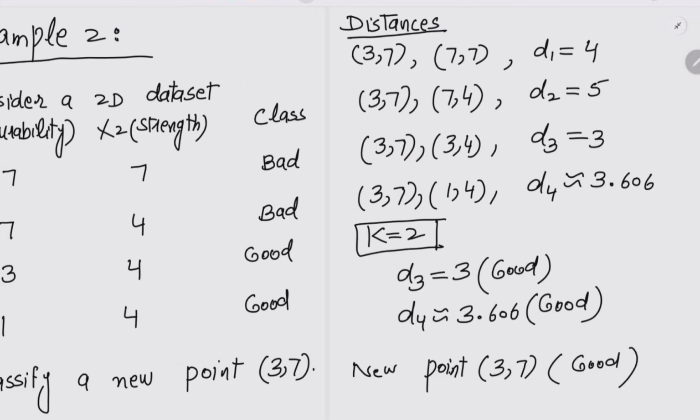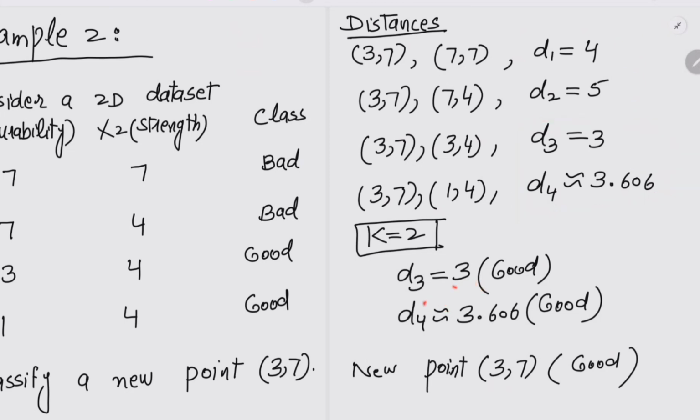So we try to find which two distances have the smallest values among all these distances. Here you can see that you only have these two distances which are less than all the other distances.